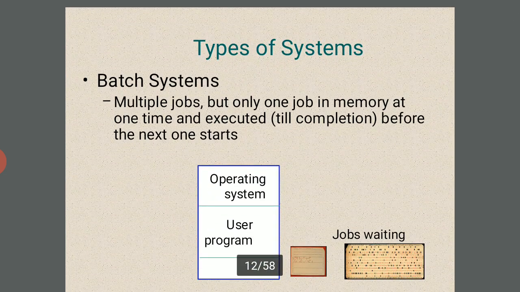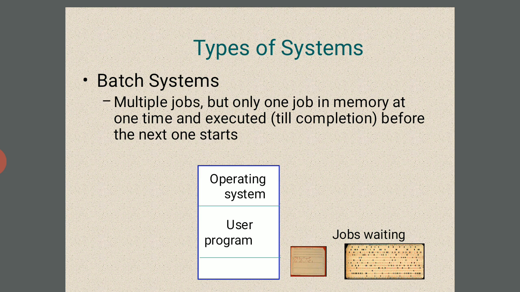Next is the types of operating systems. We already saw the topic, but let me briefly explain the types of systems. Batch systems run multiple jobs. Multiple jobs means different types of users can do different types of work.